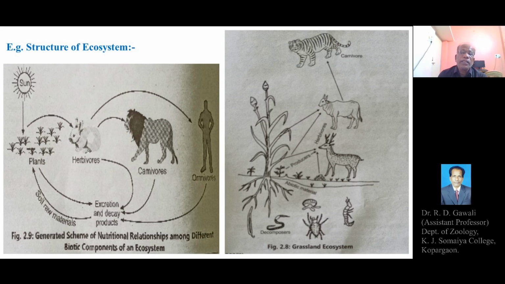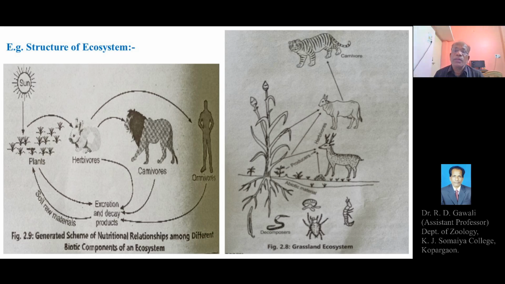And this we can explain as a terrestrial ecosystem, or a grassland ecosystem. In the figure on the right hand side, we can see the grassland ecosystem. Above the surface of the land, we can see the herbivores and a tiger representing a carnivore. The producers are lying along the surface of the land, representing the plants.